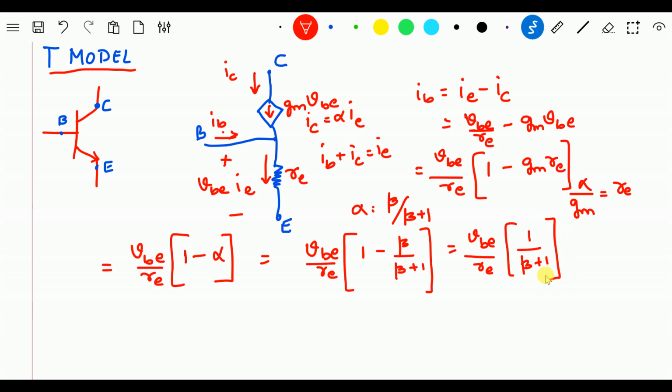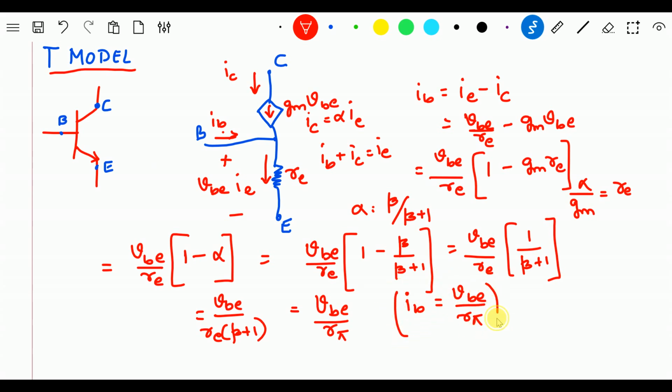Now I can write this as VB by RE into beta plus 1. And beta plus 1 times RE is nothing but R pi. So small ib equals small vb by R pi. I had a T model, and I derived the value for IB in terms of R pi.